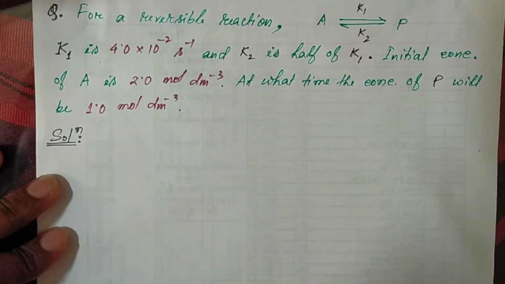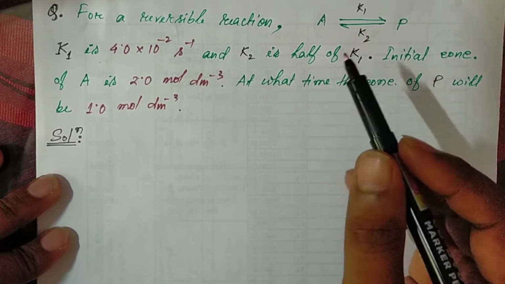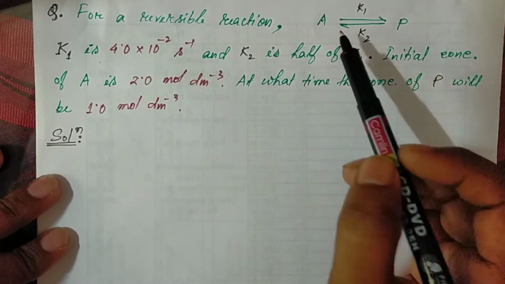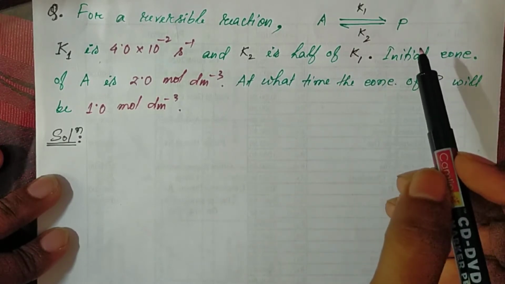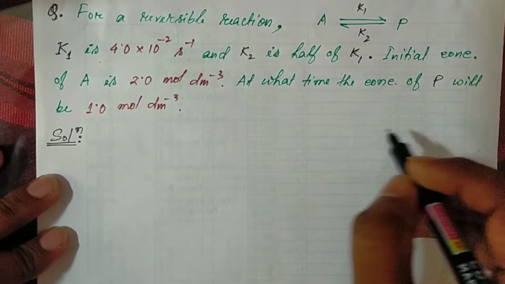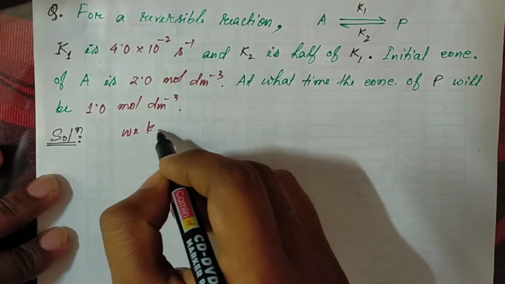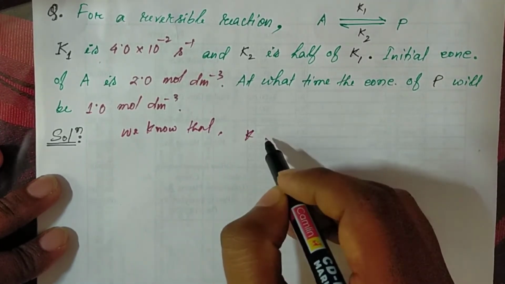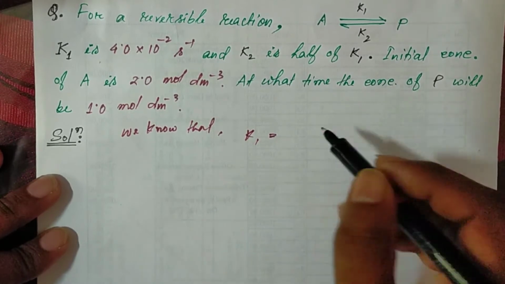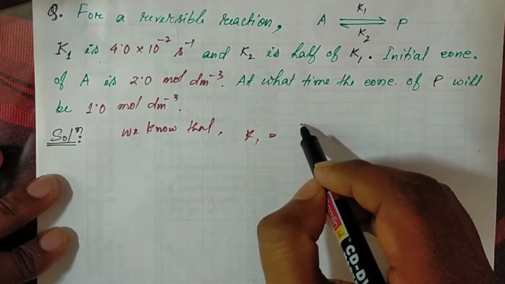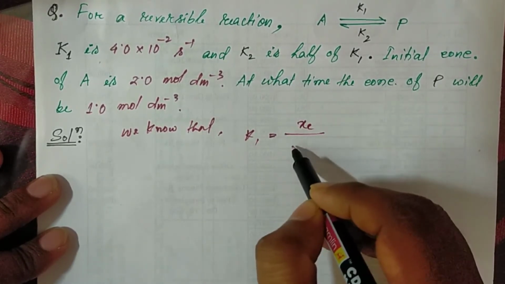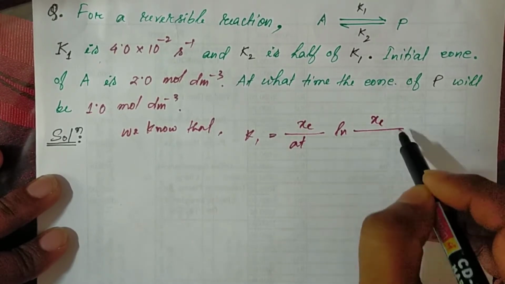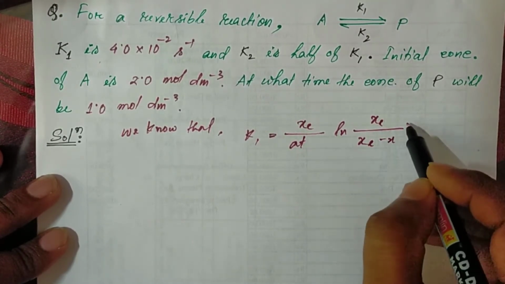For this question we have to know the equation of the rate constant for a first order reversible reaction. As we know, K1 is equal to xe by (a t) ln xe by (xe minus x).